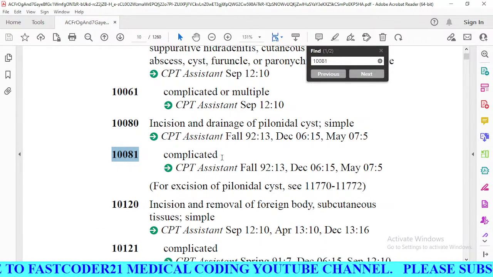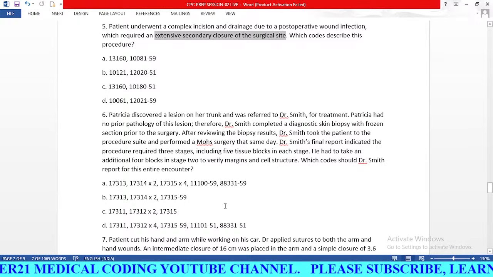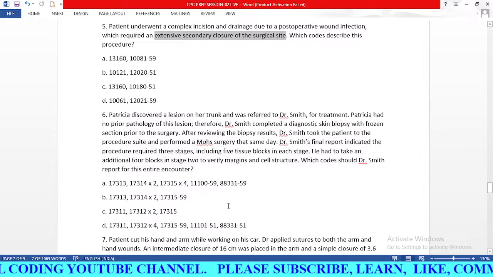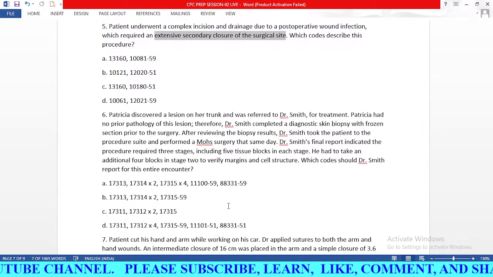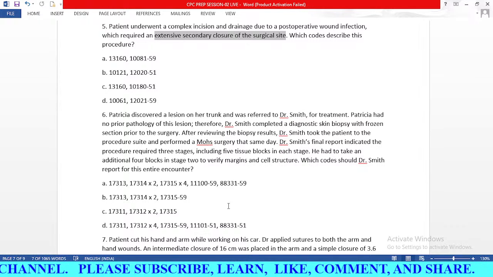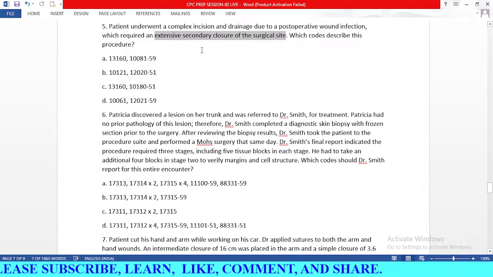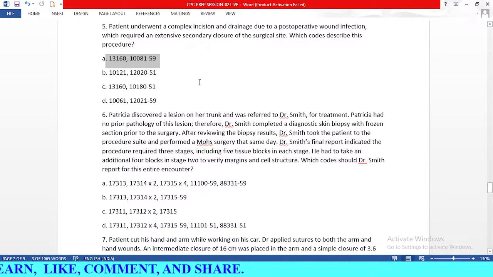See here, which is pilonidal cyst. That is wrong. As per our question, we don't have any pilonidal cyst. Only it is a post-operative wound infection. So the first one is wrong.